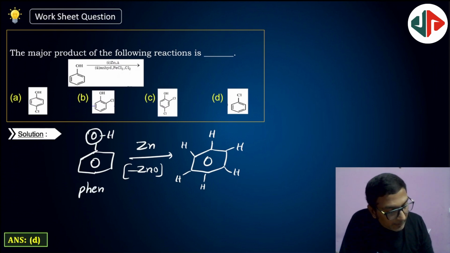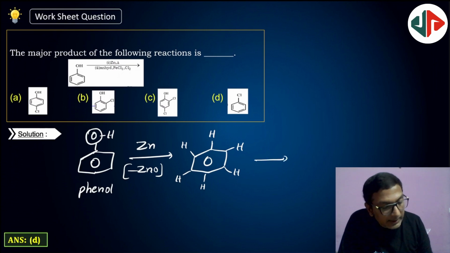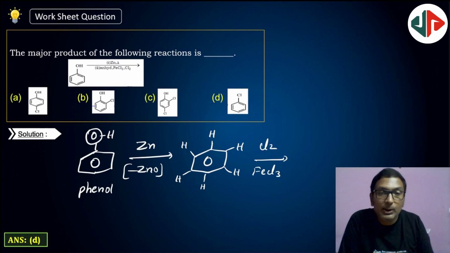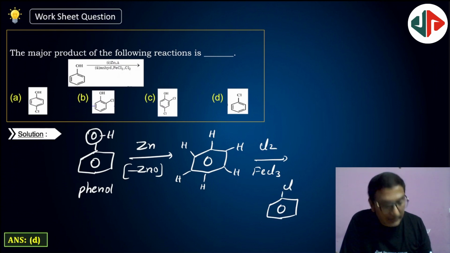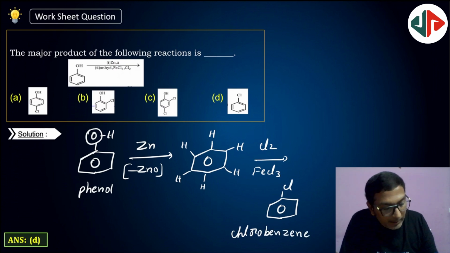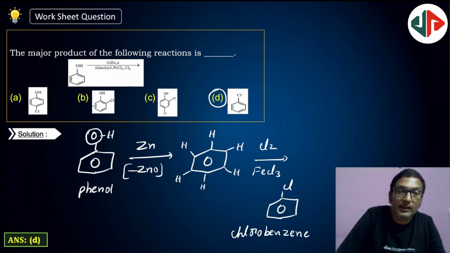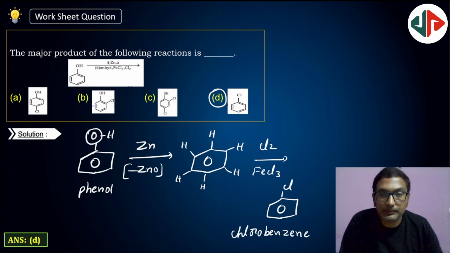This is phenol. Next, reaction with Cl2/FeCl3. Chlorination of benzene will give chlorobenzene. Chlorobenzene, option D. Halogenation in the presence of Lewis acid. Next.